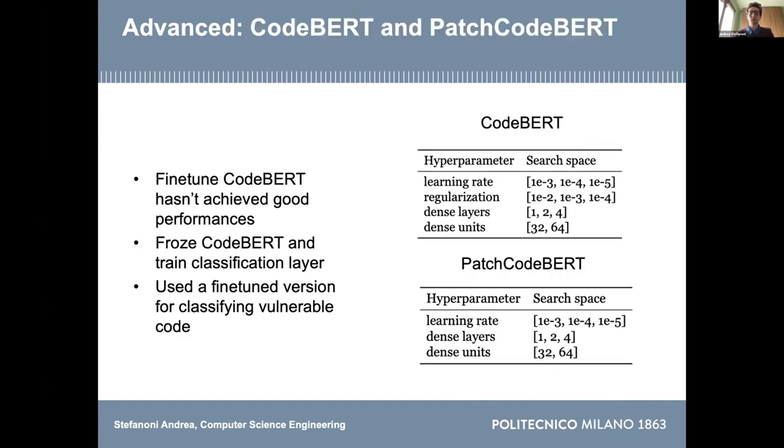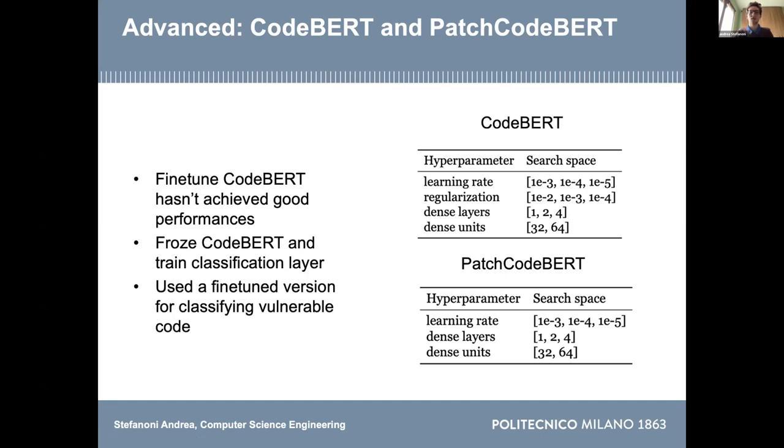And then we tried CodeBERT, that is the version of RoBERTa trained on code with multiple languages, one of which is Java. We tried with a fine-tuning, but it did not achieve a good result.